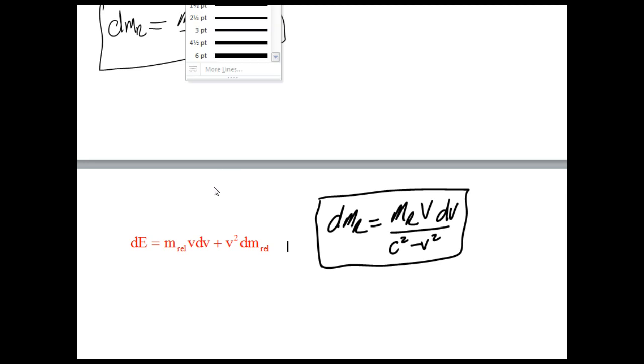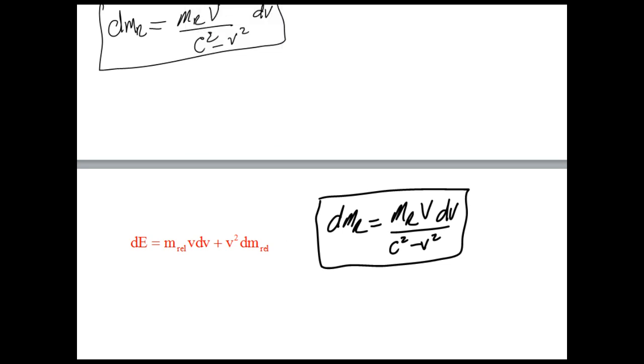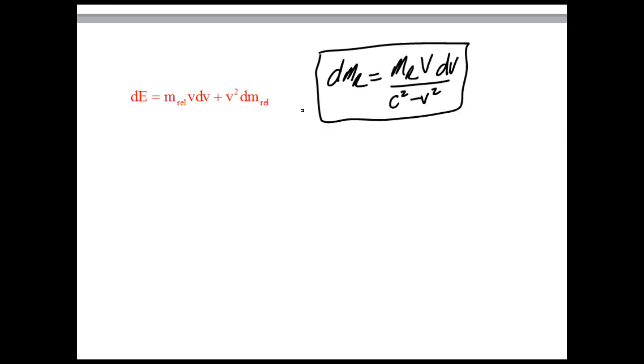So what I want to do is get back to, I want to solve this equation and put dm relative, but it's kind of difficult. It's going to be difficult if I plug it in like that.